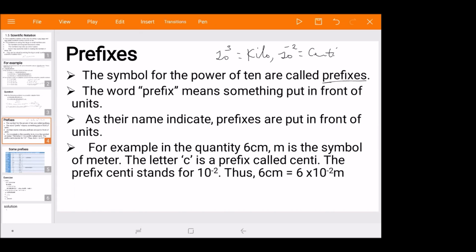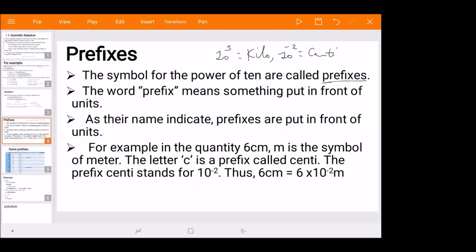When we use a power of 10, we can substitute it by a prefix, for example milli, centi, deci, deca, hecto, and so on, for very small and very large numbers. It continues for the powers of 10.